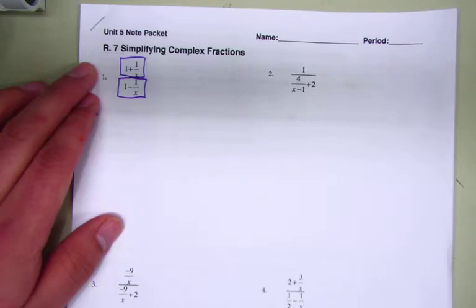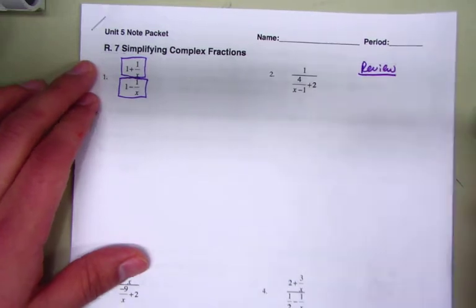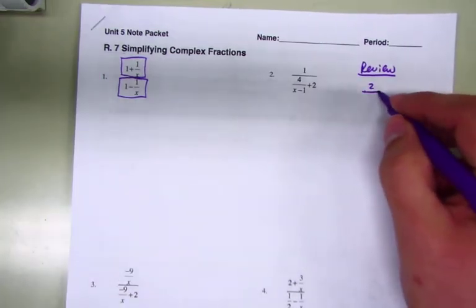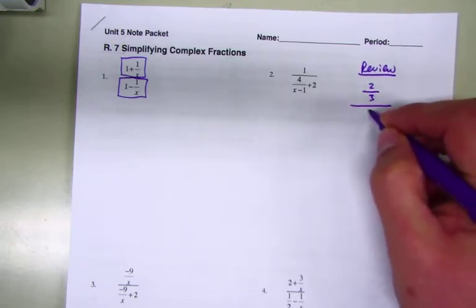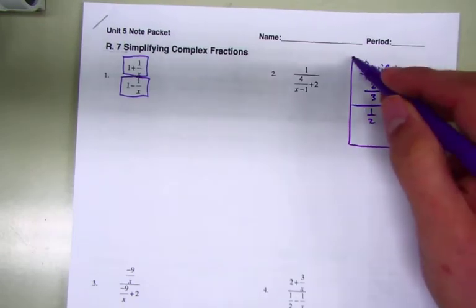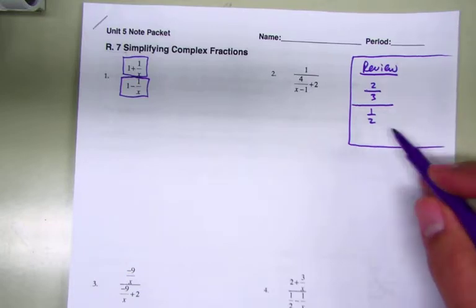So first, let me just review things that we've seen already. Okay? If I gave you the fraction 2/3, and I wanted to divide that by, let's say, 1/2. Do you guys remember how we did this a long time ago?